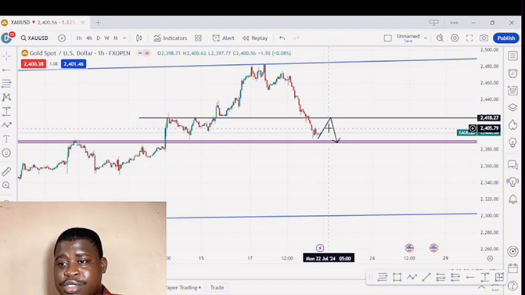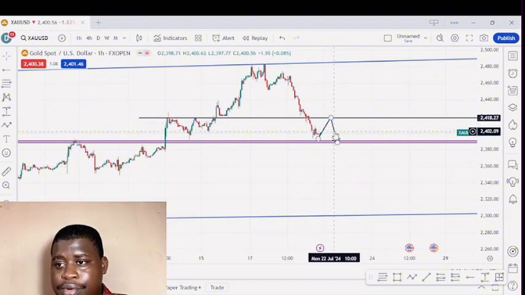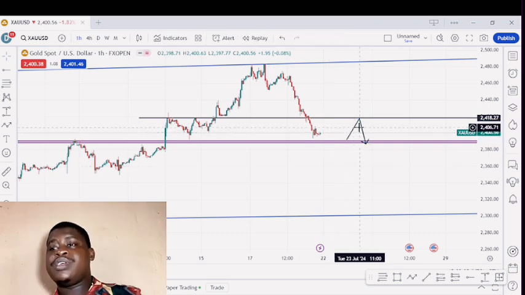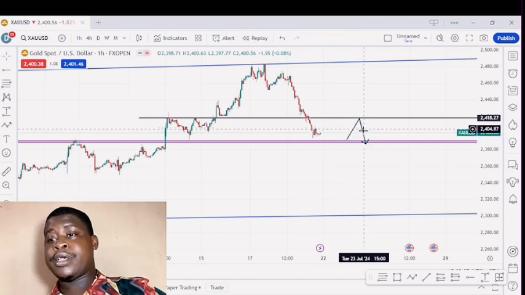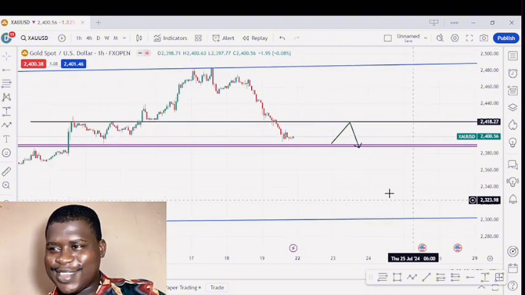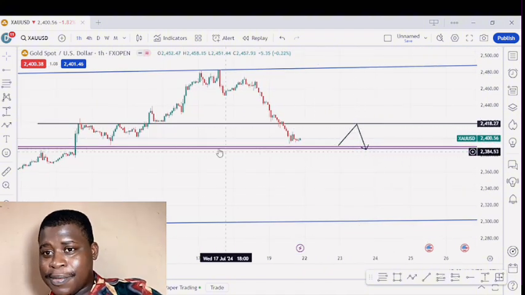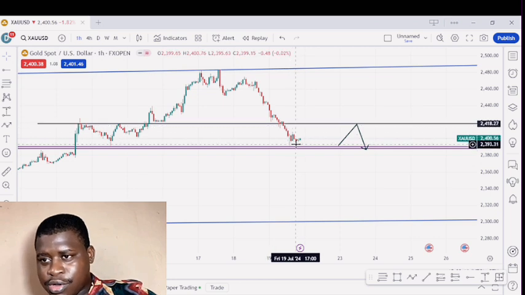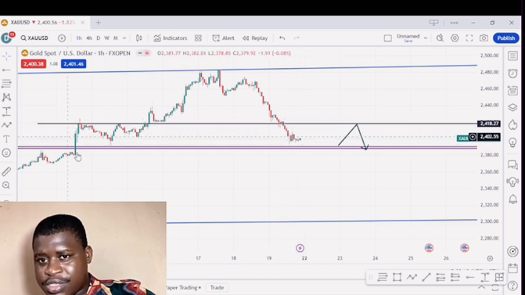In price action, it's called what? A cap. What did I call it? I call it a cap. Sorry guys. It's called a cap in price action when a price is stuck between a range, previous range. See, this is a range.